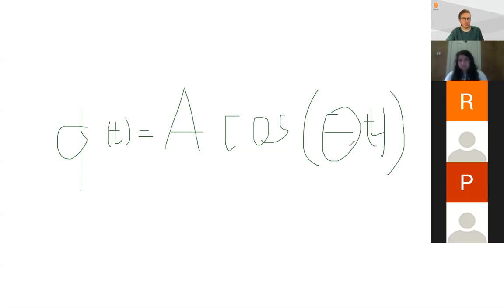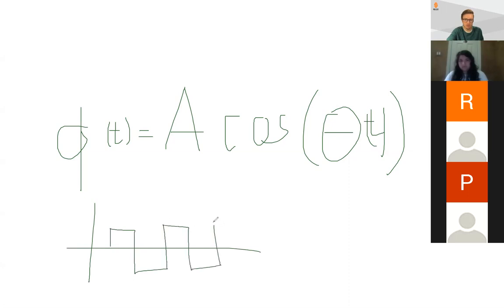If you have a message like this one, this is our message, m(t). We can see that this message has big discontinuities, jumping from, say, 1 to -1. And the instantaneous frequency, omega i, is d theta dt.